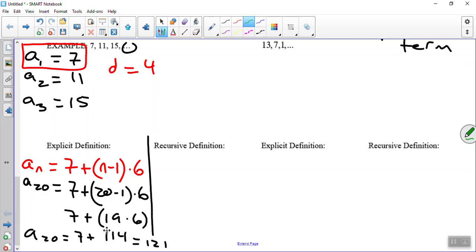So for recursive, A sub n is going to equal A sub n minus 1 plus 4. That's my pattern. A sub 1 equals 7.